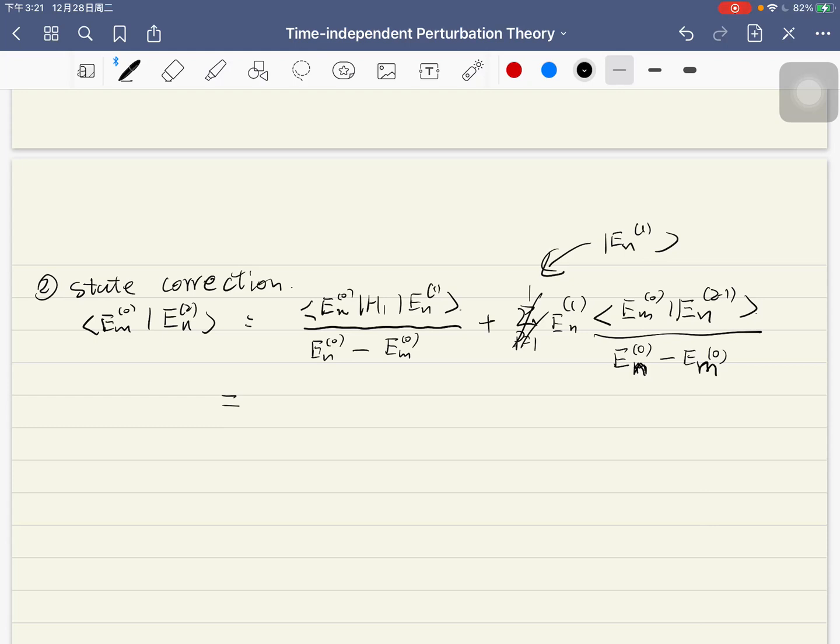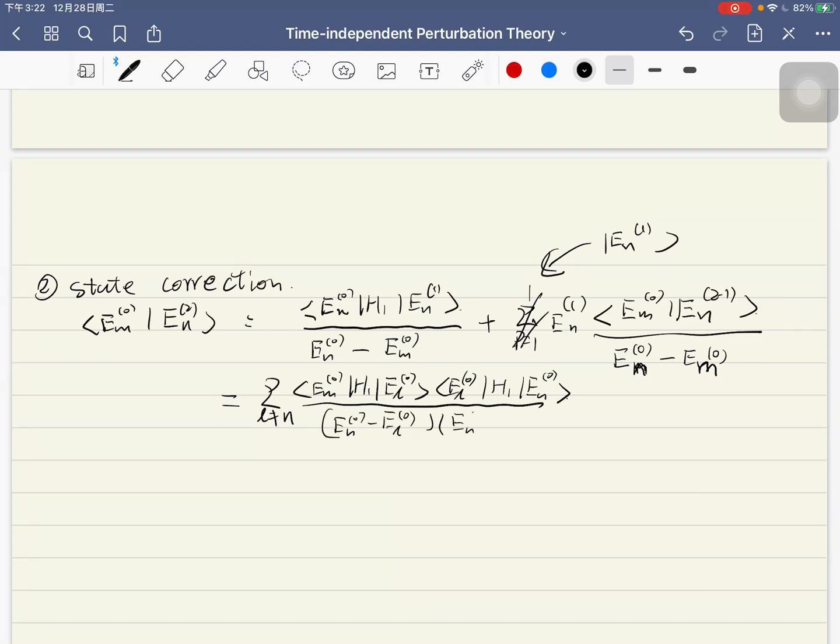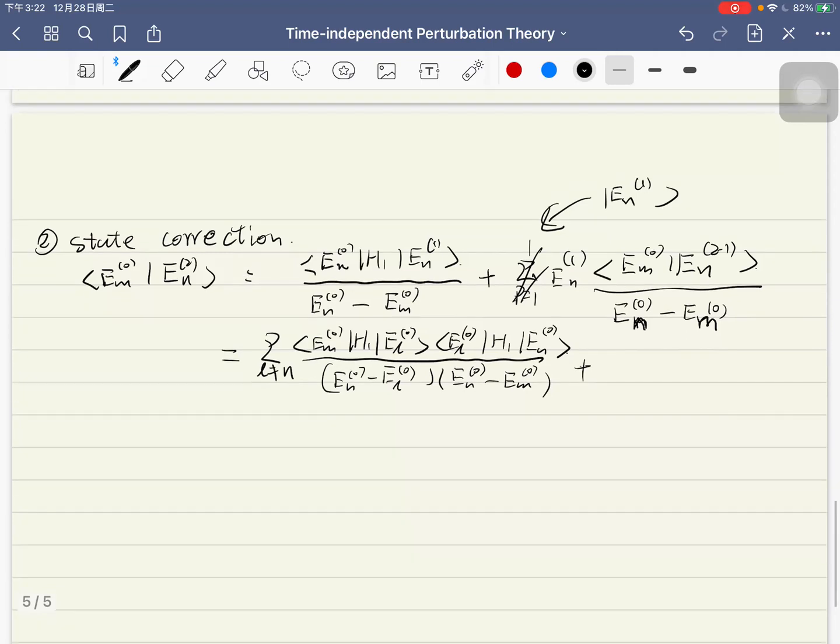The first part equals to the sum over l, n, l0, and the second part becomes E_n1.